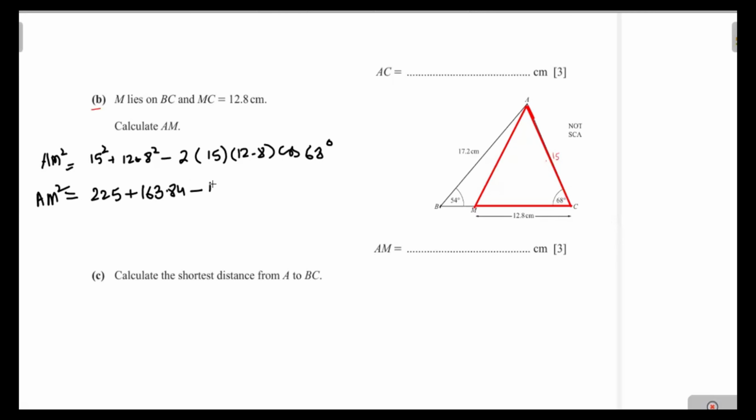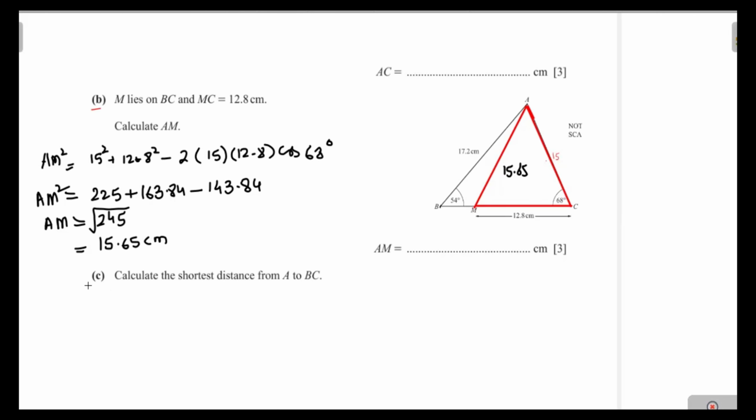This value will be 143.84 and this will be equal to 245. Therefore, AM will be equal to the square root of 245, and this value will be equal to 15.65 centimeters. This is the length of AM.